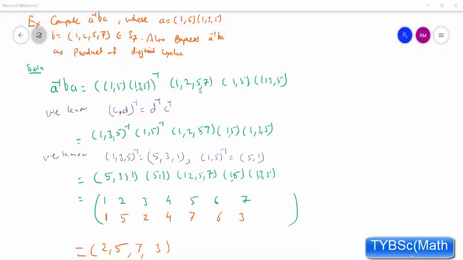B is as it is, and this is again A. So observe carefully. This is A, nothing but A, and this A inverse is nothing but this one.